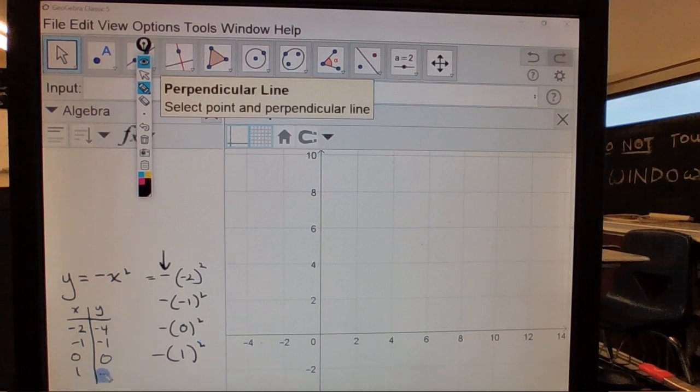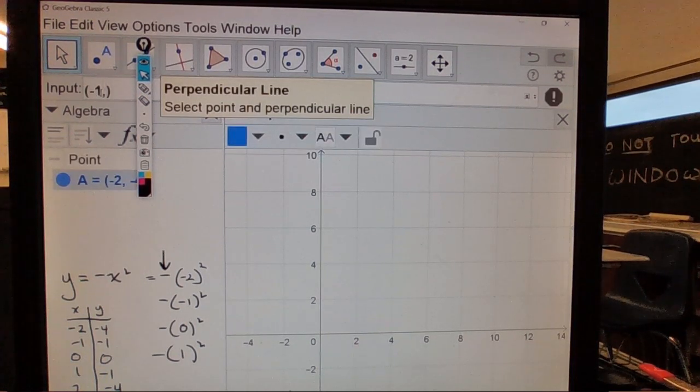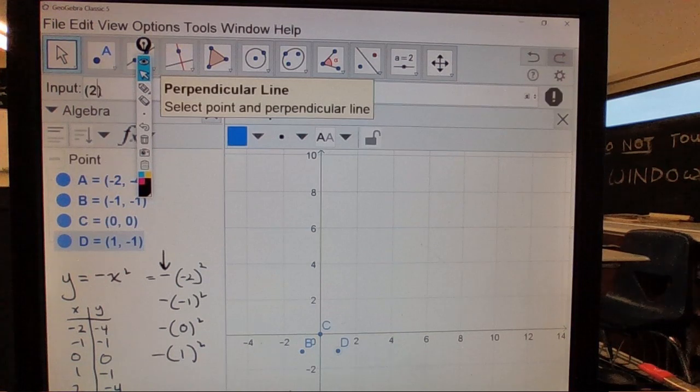Take the opposite of it, you get negative 1, right? The same thing's going to happen for 2, then it's going to give me negative 4. So if I plot those, negative 2, negative 4, negative 1, negative 1, 0, 0, 1, negative 1, 2, negative 4.